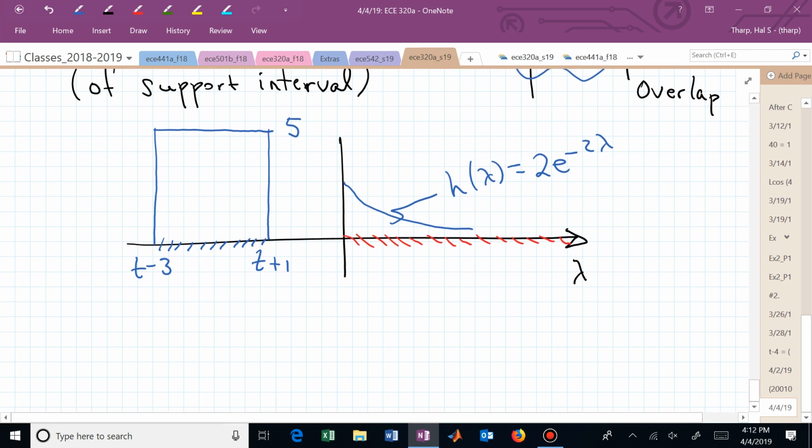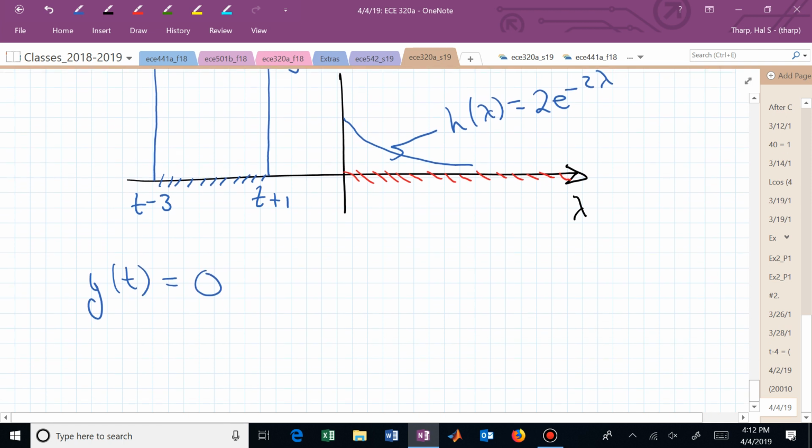But now you just told me that y of t is equal to 0 for what values of t? This is where the overlaps and limits come into play. This is the second piece of the convolution process. This y of t equal to 0 occurs when what?